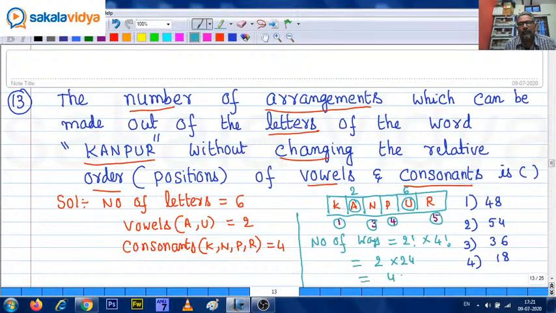So the answer is 48. That means the first option is the right option. The 2 vowels are arranged in 2 factorial ways, whereas the 4 consonants are arranged in 4 factorial ways in their respective places without changing positions. So the answer is 48.